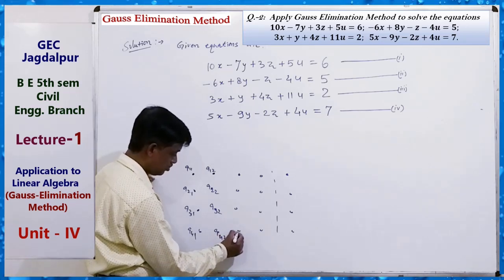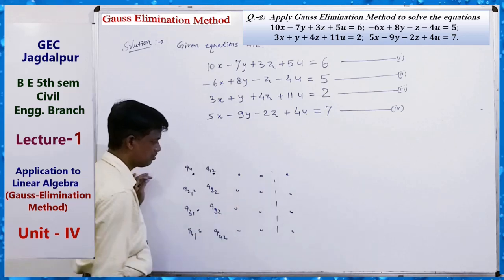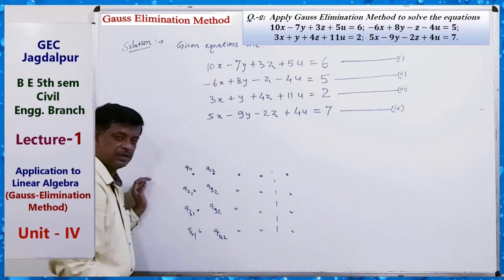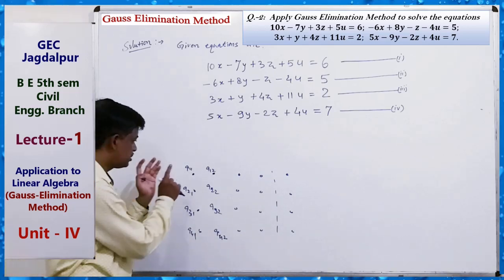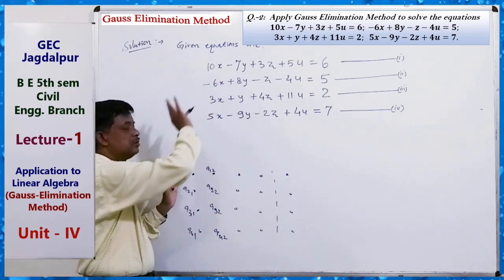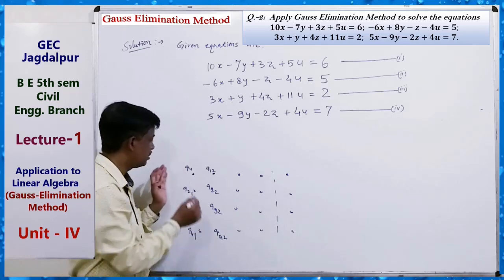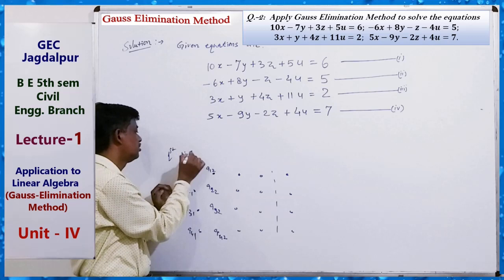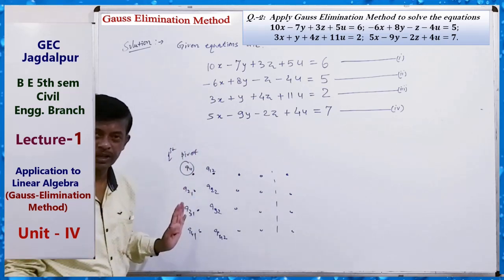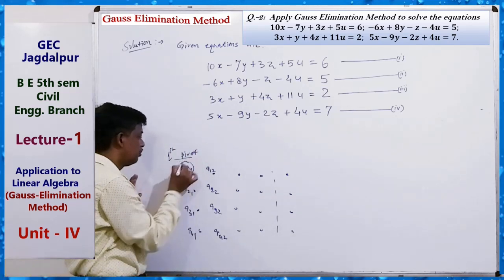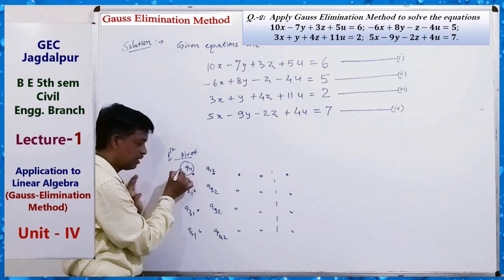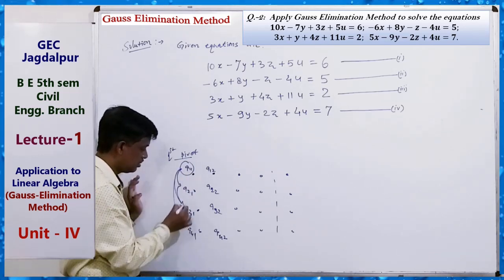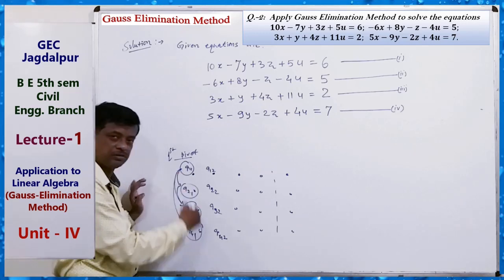Just like this type of naming is there. Here B1, B2, B3, and our target is what? First A11 should not be equal to 0, then we can take it as a pivot, first pivot. By this we can make it 0, 0, 0.